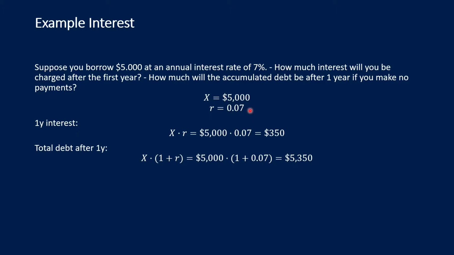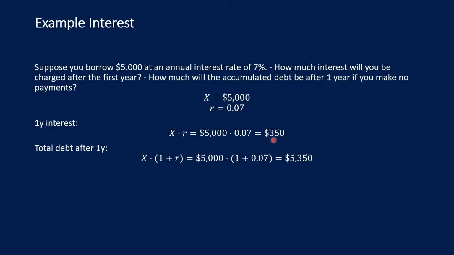So the 1 year interest is X times r. So we have $5,000 times 0.07, which is 7%, and that is 350 euro that you will have to pay as an interest payment after 1 year, or that will be put on top of your loan.